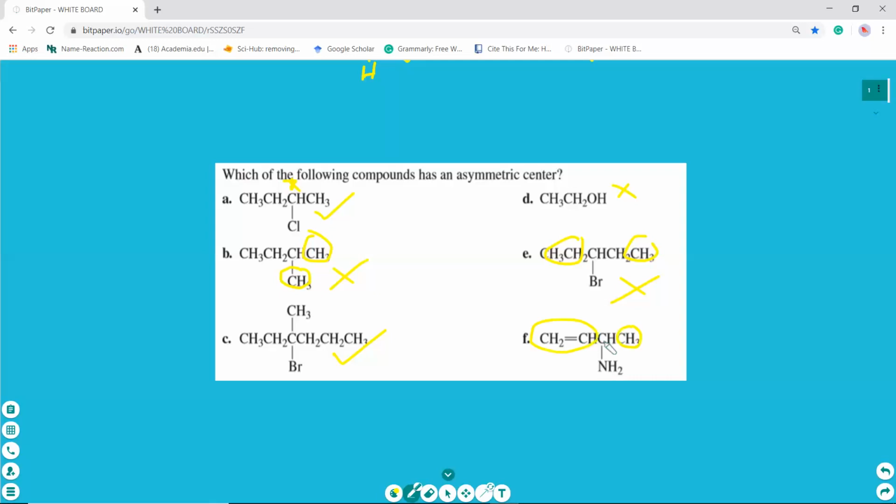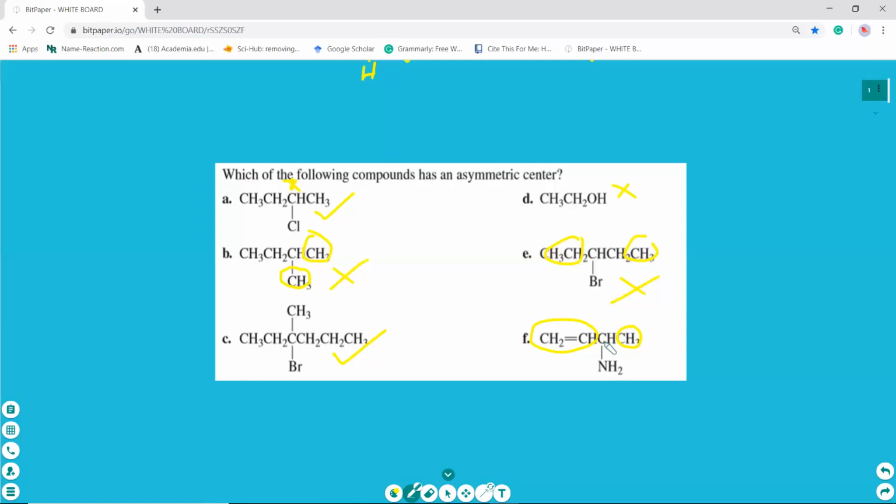So this carbon qualifies for that. This substituent is here, and this substituent is here, CH3. This one is here, different, and then hydrogen. So automatically, this is also a tetrahedral carbon. So the answer to this question is A, C, and F. I hope you were able to get the correct answers to that.